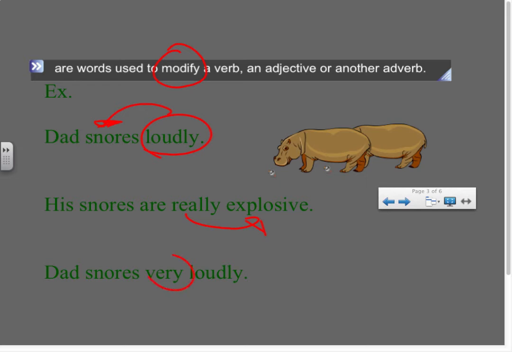You're going to see very modifying loudly, which modifies snores. He snores loudly, which modifies a verb, but very modifies an adverb. Adverbs can modify other adverbs. Generally, you're going to see this as very modifying another adverb.